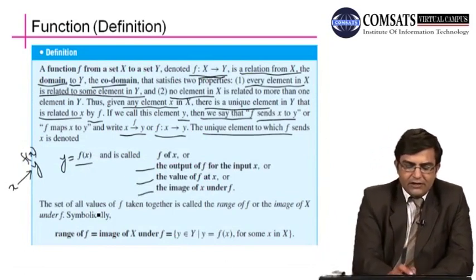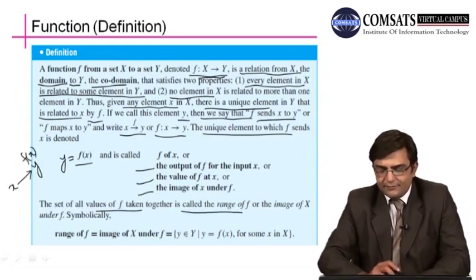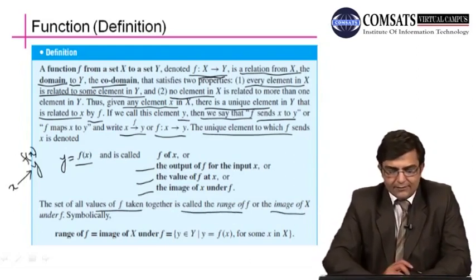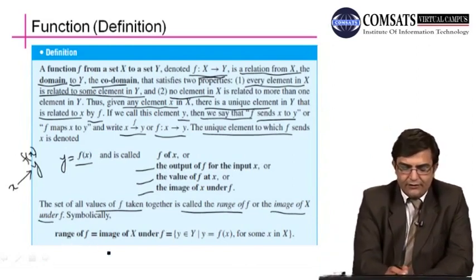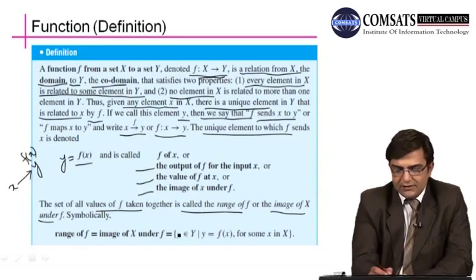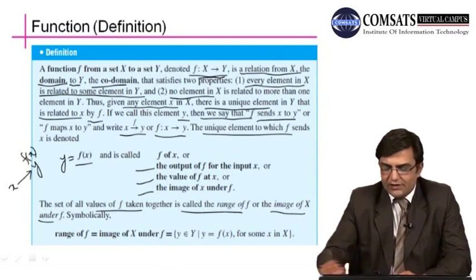So the set of all values of f taken together is called the range of f, or the image of x under f. Symbolically we can write it as range of f, image of x under f. The range of any function is basically only those elements.